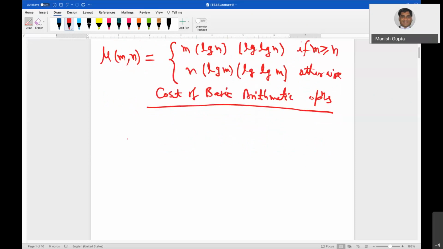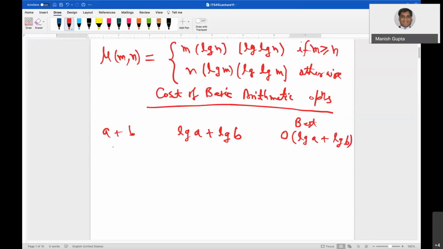If the operation is a plus b, the naive bit complexity is log of a plus log of b, and the best known is big O of log of a plus log of b.